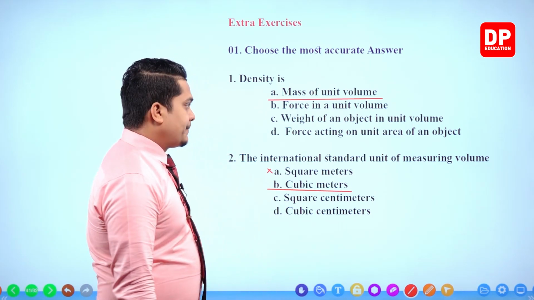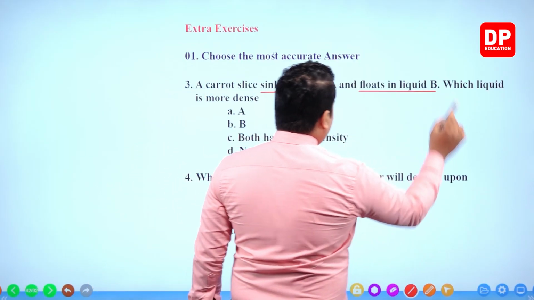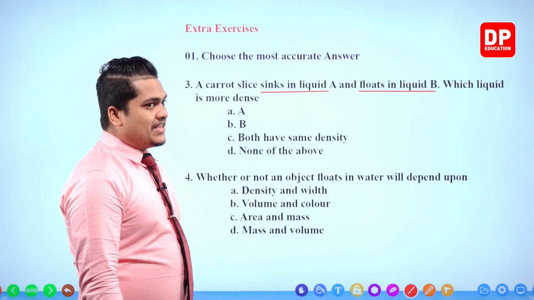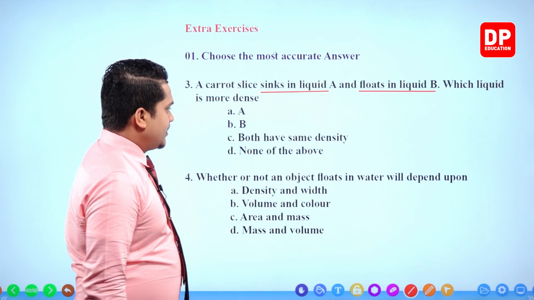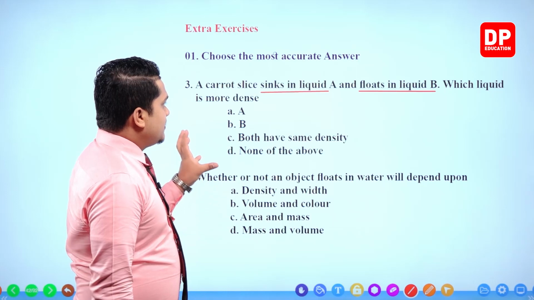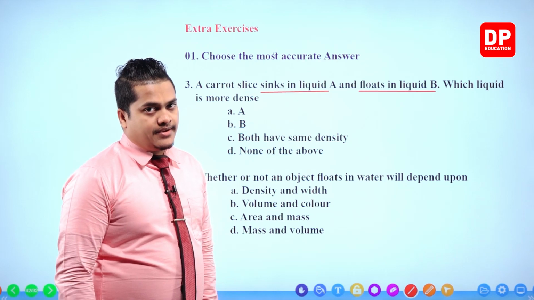Cubic meters. Next one. A carrot slice sinks in liquid A and floats in liquid B. Which liquid is more dense? So, it sinks in A, floats in B. Which one has the more density? More dense means high density. So, my dear children, if a certain thing is floating in a certain liquid, then the liquid has a higher density.